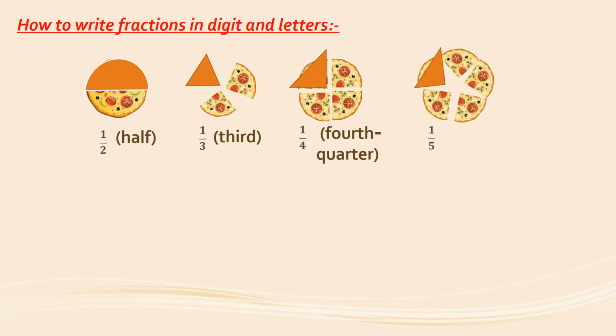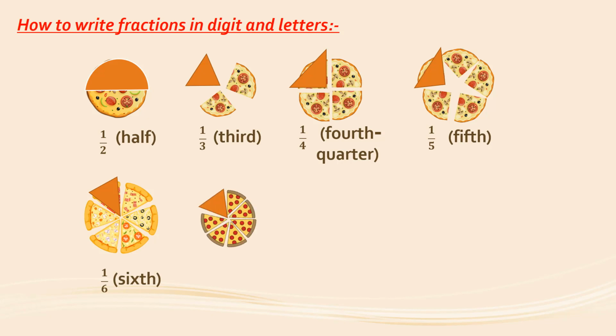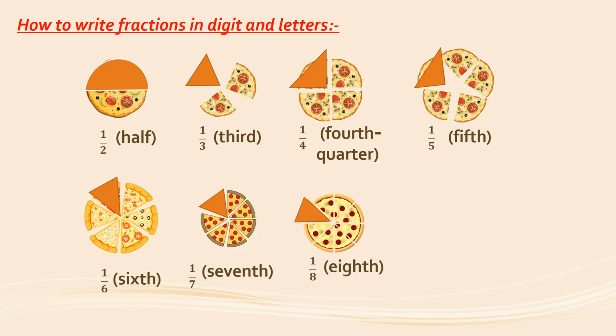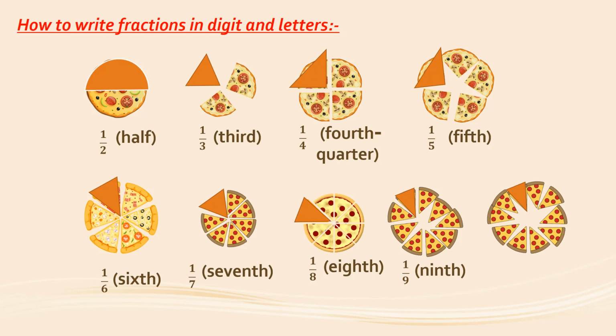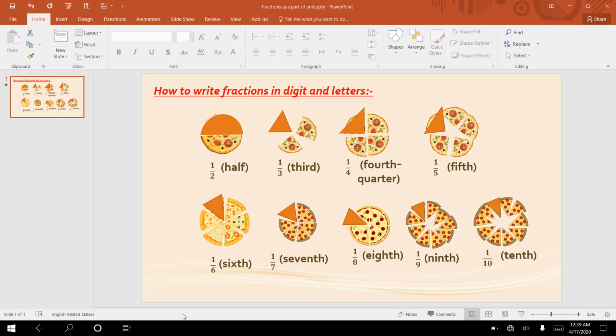This is 1 out of 5 and it's called a fifth. 1 out of 6 is called a sixth. 1 out of 7 is called a seventh. 1 out of 8 is called an eighth. 1 out of 9 is called a ninth. And 1 out of 10 is called a tenth. And this is fractions.